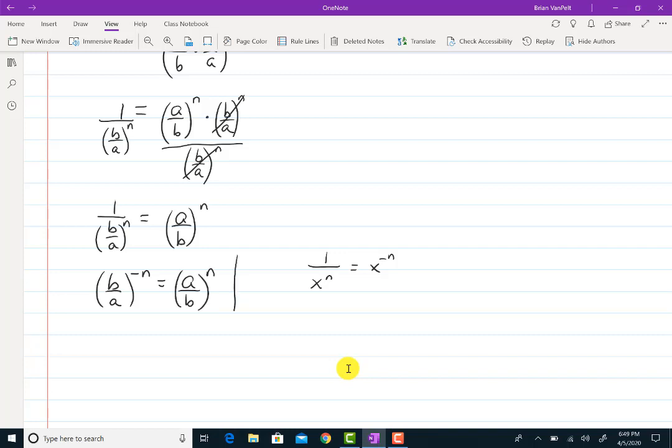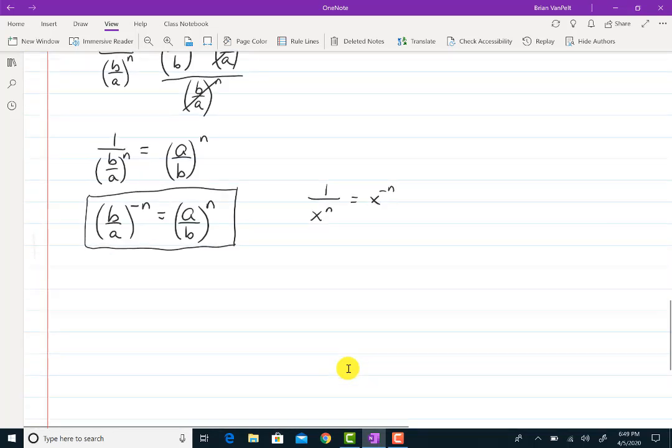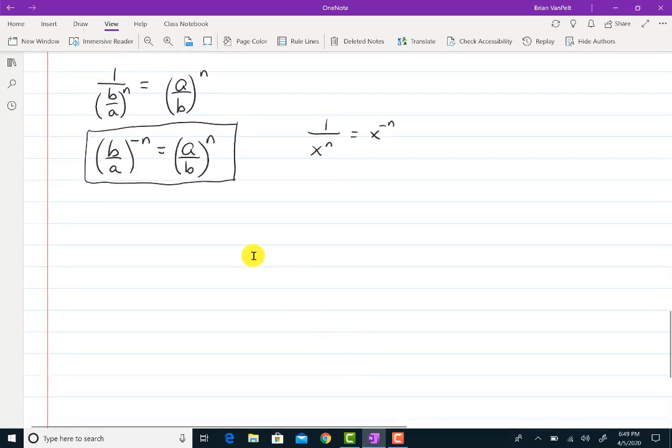So there's our next rule. The important thing to see here is that the negative exponent is attached to the left. You have your b over a, but look what happens when you make it positive. The a and b switch. A is now on top and b is on the bottom.